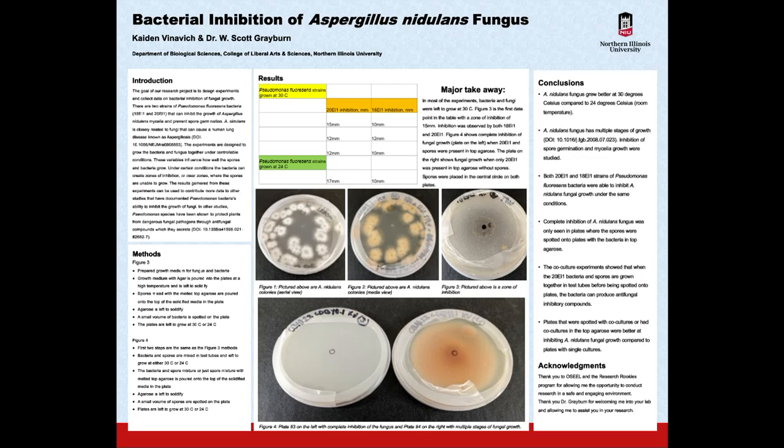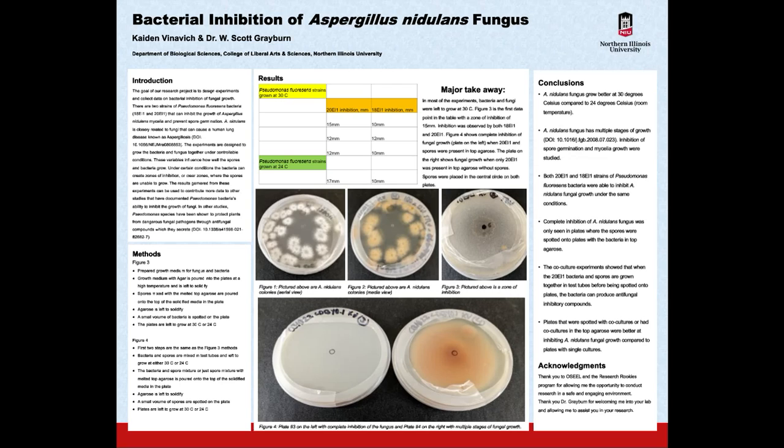So the bottom larger picture shows 2 plates from the co-culture experiments. The plate on the left exhibits what we classified as complete inhibition, where the spores that were originally spotted on the plate were unable to germinate in the growth media with a co-culture of 20EI1 and spores. So it couldn't grow at all because of the co-culture in the growth media.